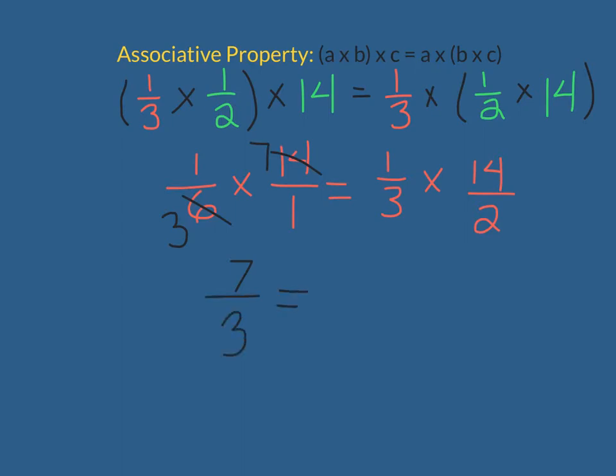And that's equal to, over on the right side, the 1 and the 2 I can't do anything with. The 3 and the 14 I can't do anything with, but I can reduce my 2 and 14. 2 goes into 14 seven times, and 2 goes into 2 one time. So now I have 1 times 7 is 7, and 3 times 1 is 3.